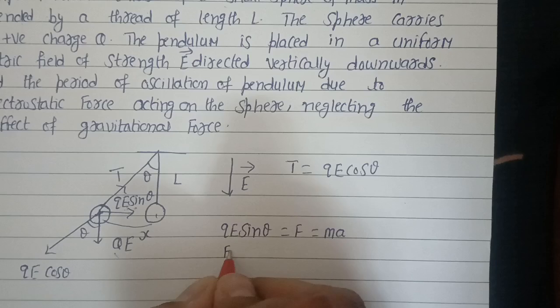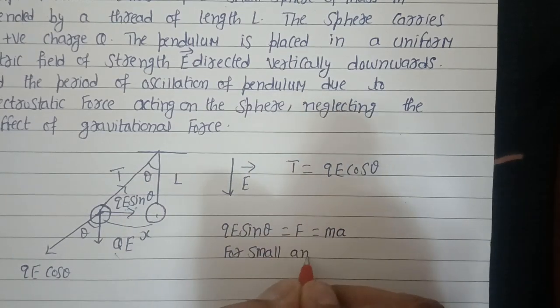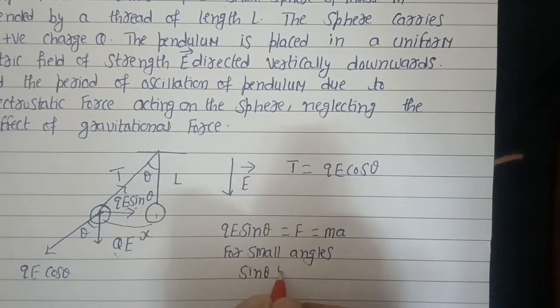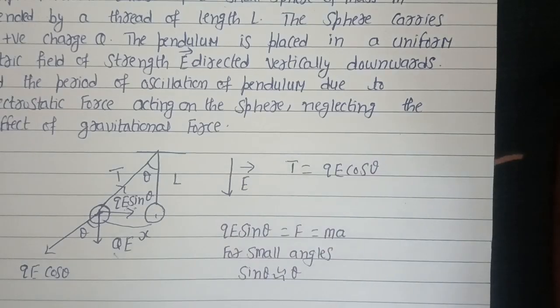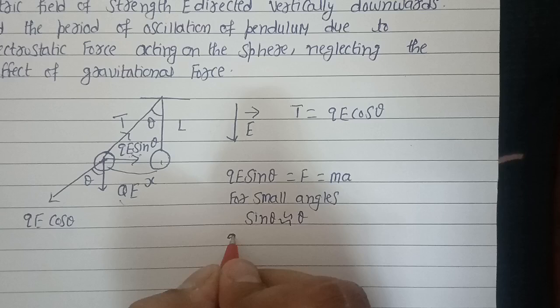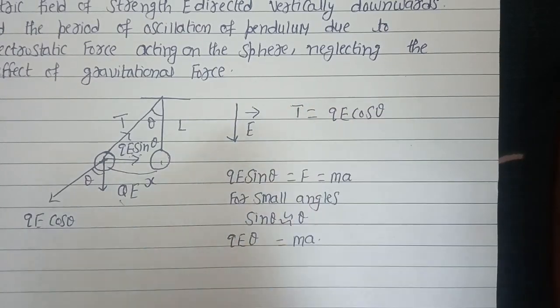Now for small angles, we know that sin theta is approximately equal to theta. So the equation becomes QE theta is equal to ma.